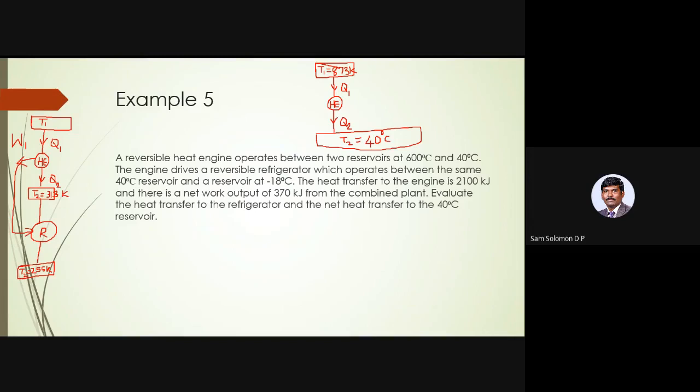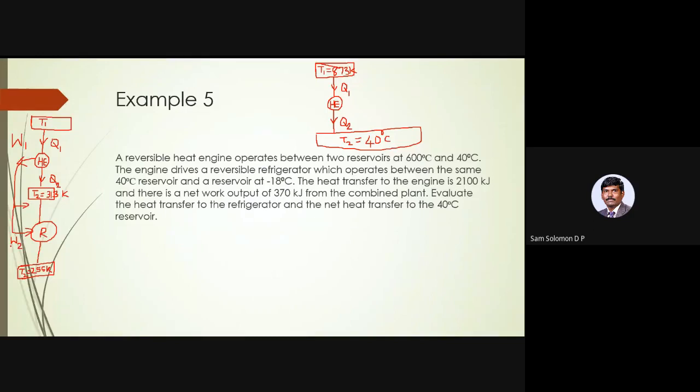But we can't say that all of W1 is utilized for running the refrigerator. Because I don't have space on the other end, I'll use the arrow mark like this. So let's say W2 is utilized for running the refrigerator, while W1 is delivered by the heat engine.